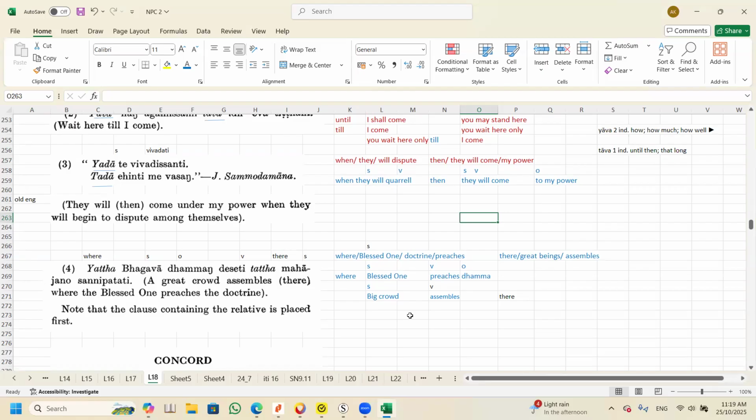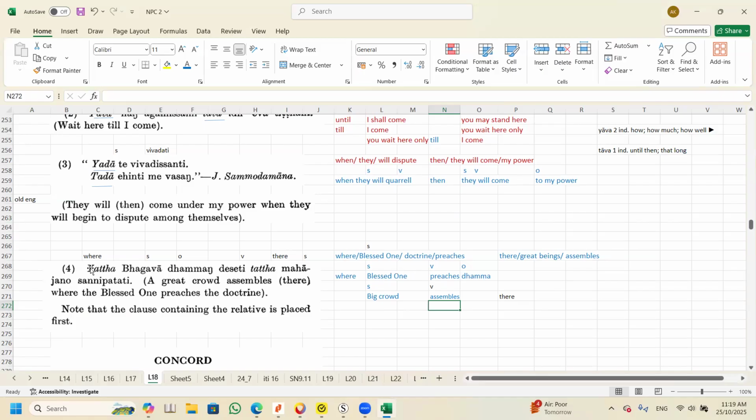Then this is also a subject: the big crowd assembled there. Technically, this is assembled there; it doesn't refer to the big crowd. It's where the Blessed One preached the Dhamma, at a certain place.